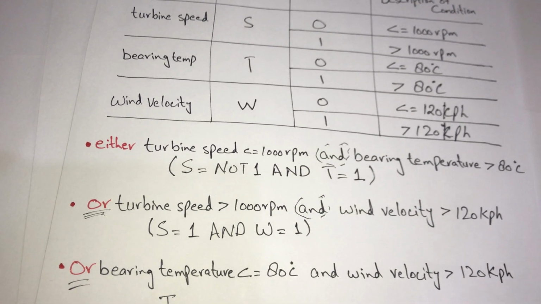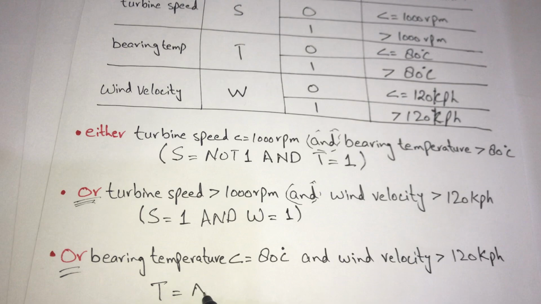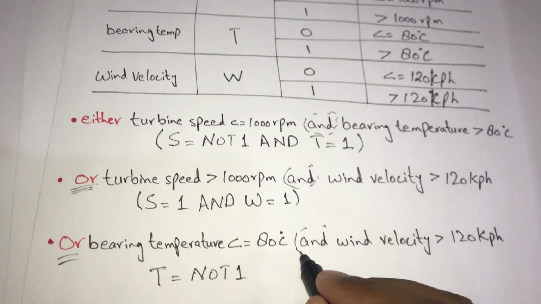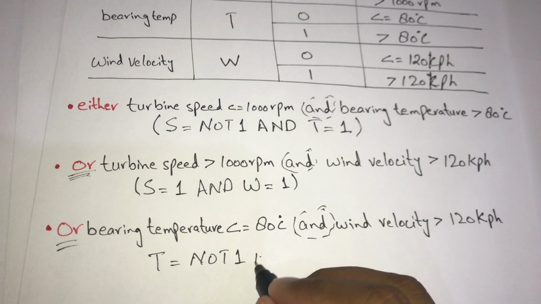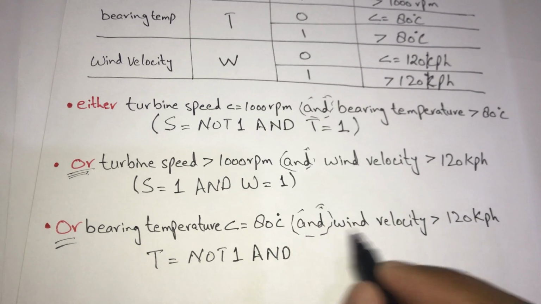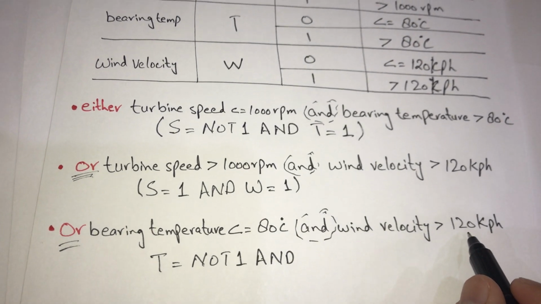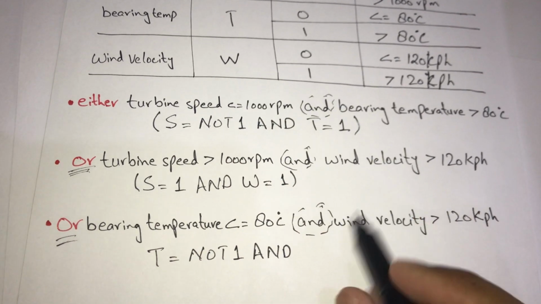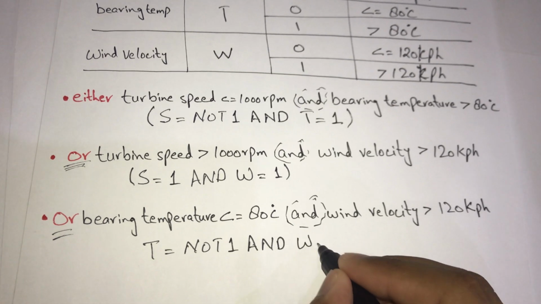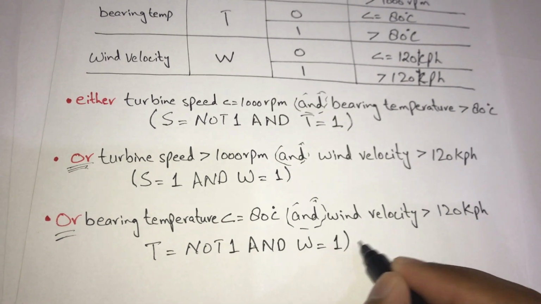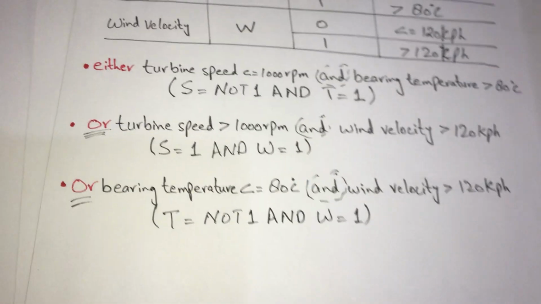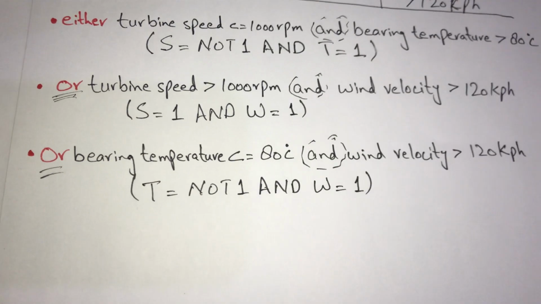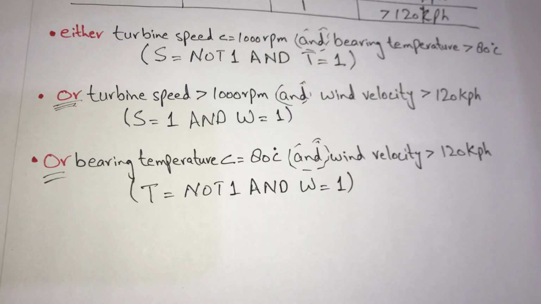So T is equal to not 1, and wind velocity greater than 120 kph, so W is equal to 1. So these are the three logical statements for the given scenario.